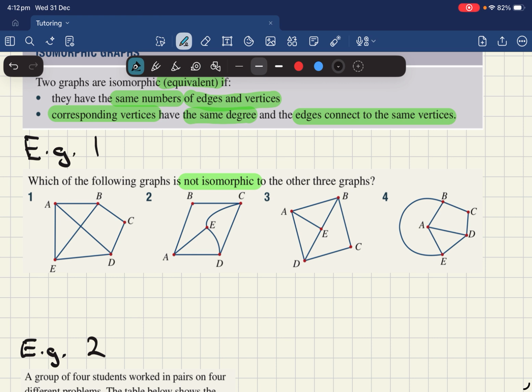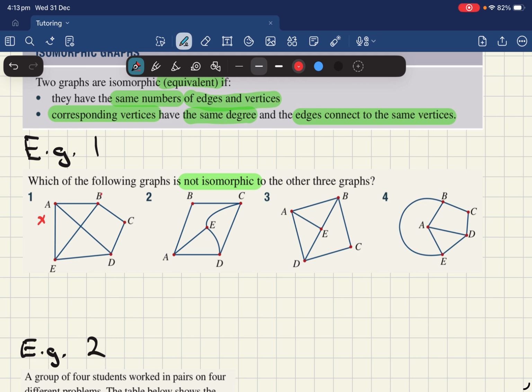Now we have to basically see if they have the same number of edges, or we can think about the vertices having the same degree. Now, looking at all of these vertices, A, for example, has a degree of 3 here. A has a degree of 3 in the second graph. A has a degree of 3 in the third graph. And A has a degree of 3 in the fourth graph. So we can rule out basically A.